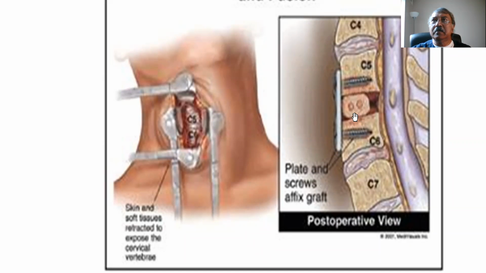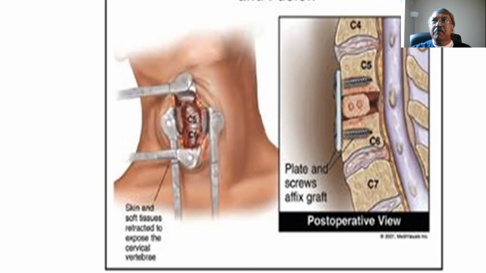Once this is done, it is still not stable. So they had to use a plate called a cervical plate, and these screws, they go onto the vertebra above and below. Now, by doing this plating, screwing, and the fusion here, the C5 and C6 level is stabilized.